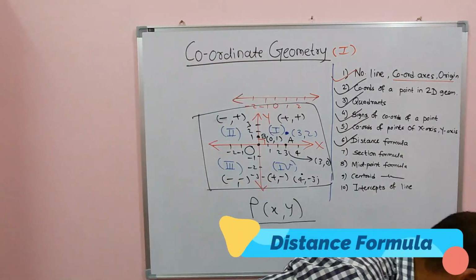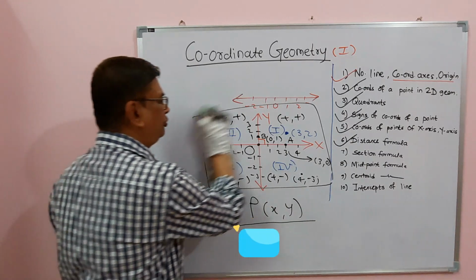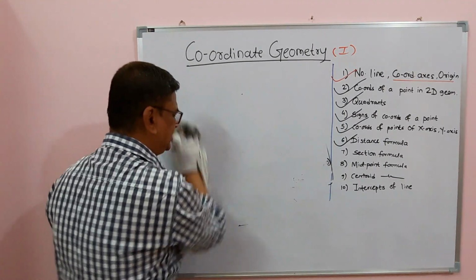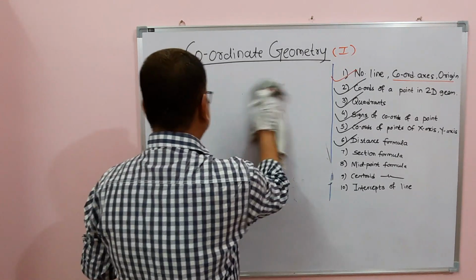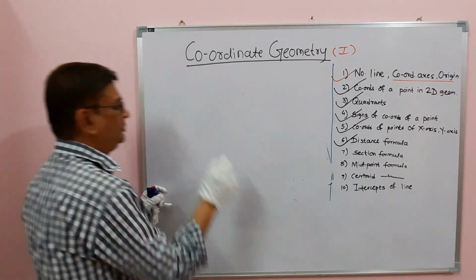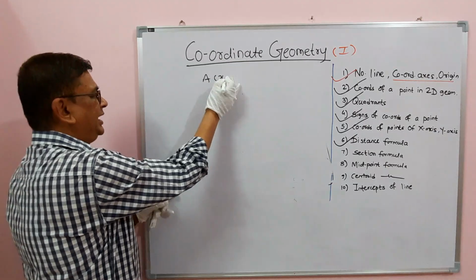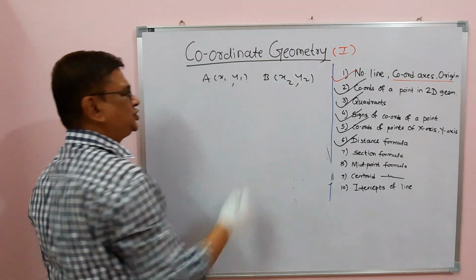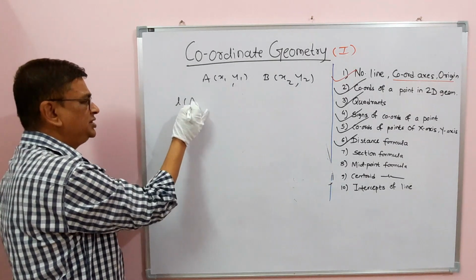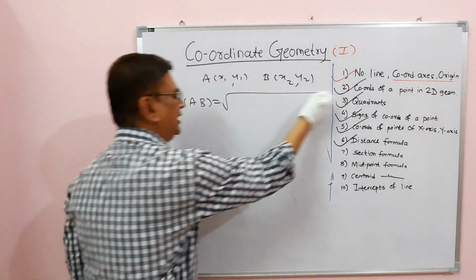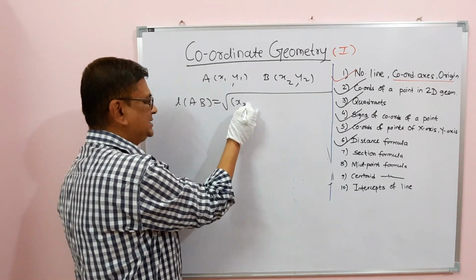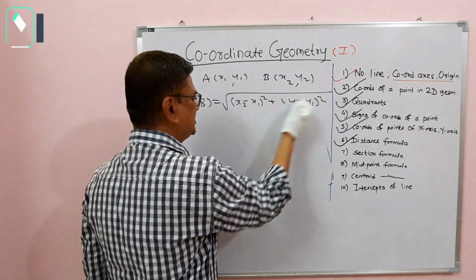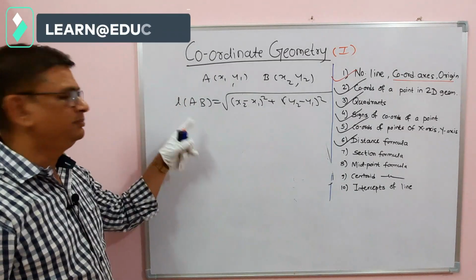Then the next topic, distance formula. If you know the coordinates of any 2 points in the given plane, then you can find the distance. It is available as what is called the distance formula. For example, if point A has coordinates (x1, y1) and B has coordinates (x2, y2), then the distance between them, that is length AB, is given by the square root of (x2 minus x1) whole square plus (y2 minus y1) whole square.